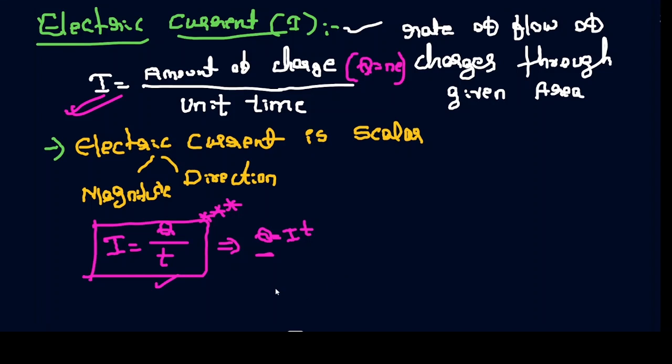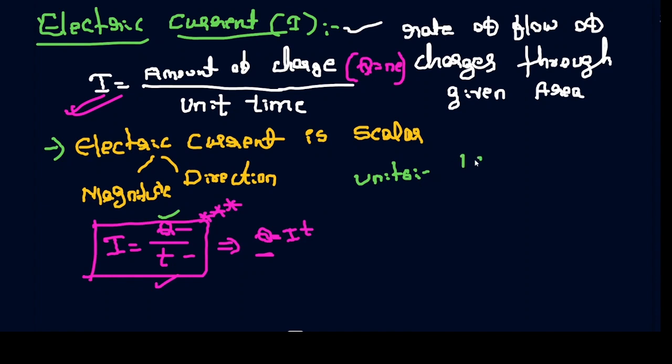Now what are the units? In order to find the units, you can simply write the units of numerator and denominator here. Q is nothing but electric charge, right? So what are the units of electric current? Units are nothing but, first, numerator. What is numerator?